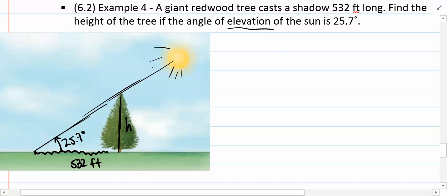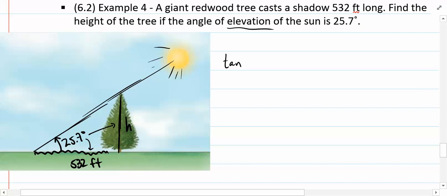Now, according to this angle measure that's known, we have a hypotenuse. I'm sorry, not a hypotenuse. We have an opposite side. This one over here is opposite, and this is adjacent to the angle. So the two rules that deal with opposite and adjacent are cotangent and tangent.